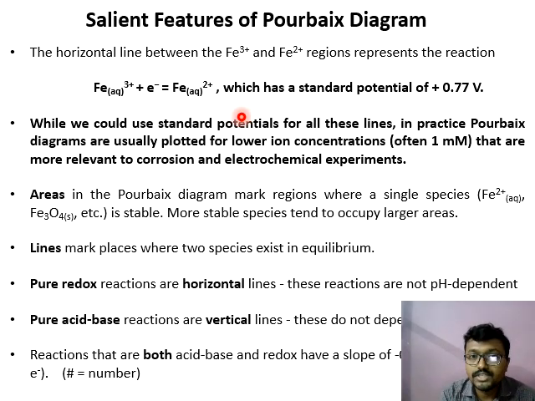One zone is called the immunity zone, one the corrosion zone, and another the passivation zone. When oxide is forming, that is called the passivation zone. When iron 2 plus and iron 3 plus are present, it is called the corrosion zone, and when only iron is present, that is called the immunity zone.